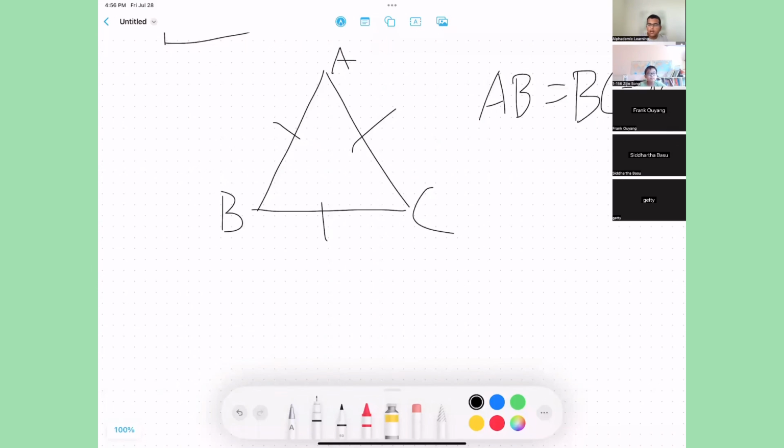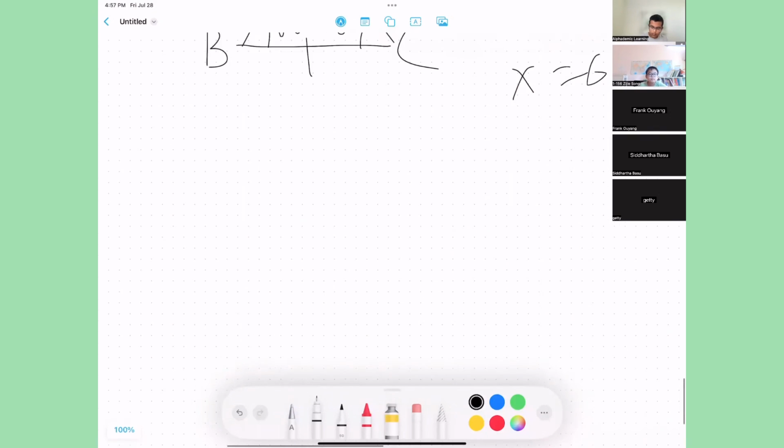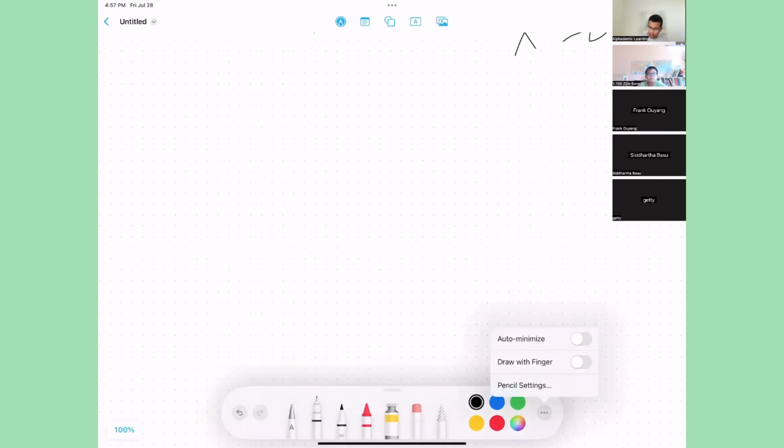So in an equilateral triangle, all of the angles have to be equal to each other because the sides opposite to those angles are equal to each other. So 3x equals 180, or x equals 60. So this will be 60, this will be 60, and so on. That's good.